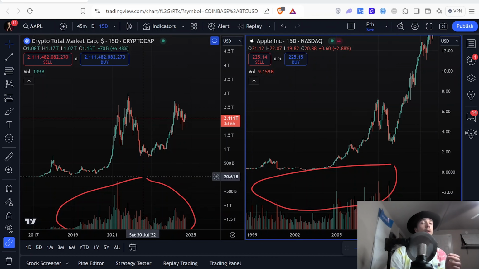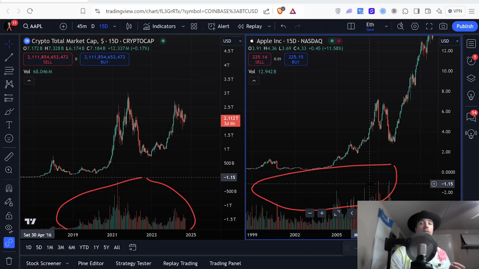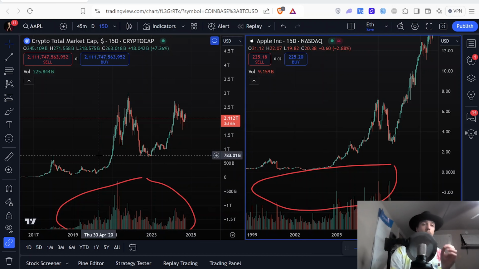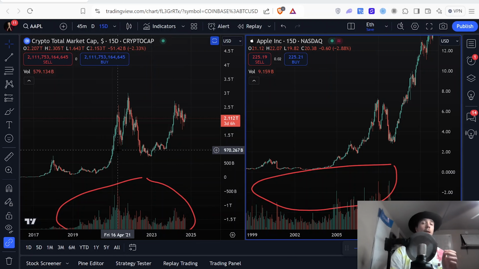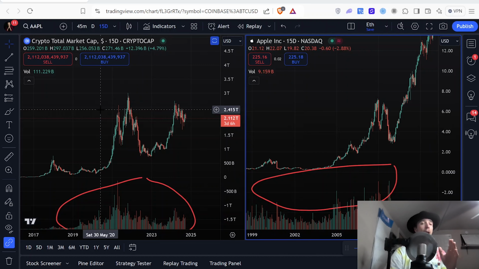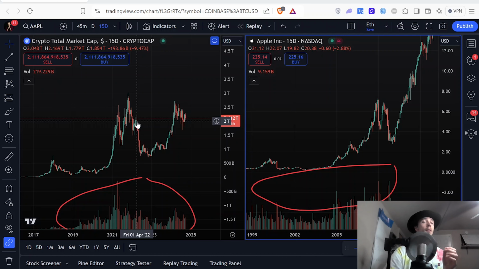Very similar volume profile here on crypto. And in fact, the total crypto market cap actually has more volume than Apple computers did because Apple is just one single stock, while crypto total market cap is all of the cryptos combined. So we have a lot of volume in the crypto markets.